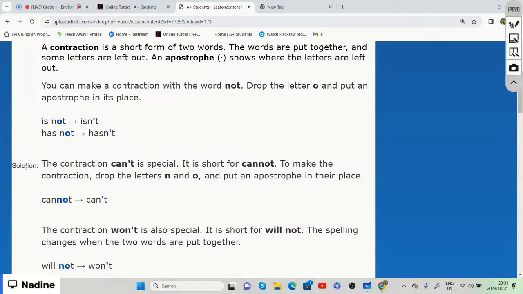So our can't is short for cannot. So can't is short for cannot.